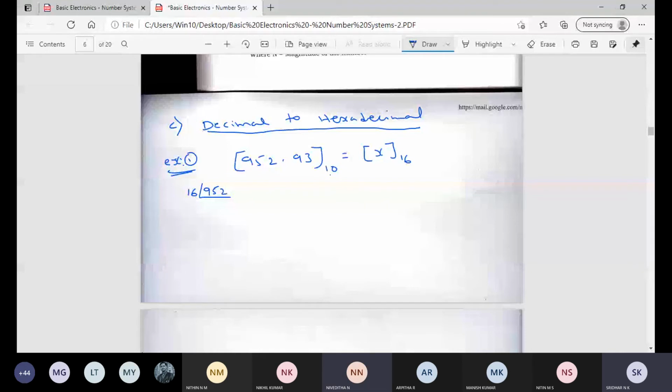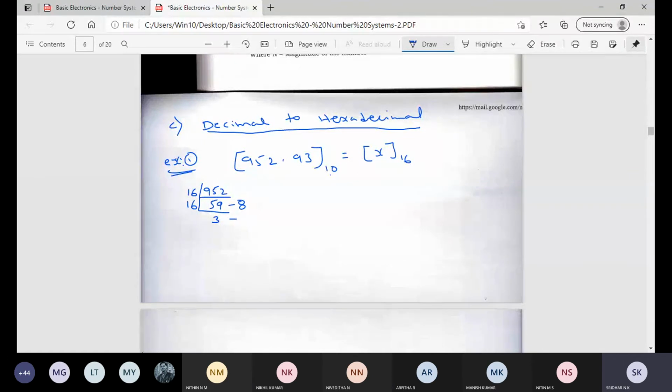What will be the remainder? 8. Then 59 divided by 16 is 3, and the remainder will be 11.